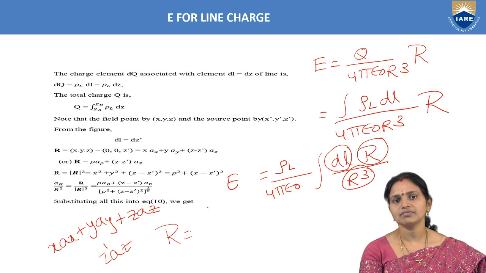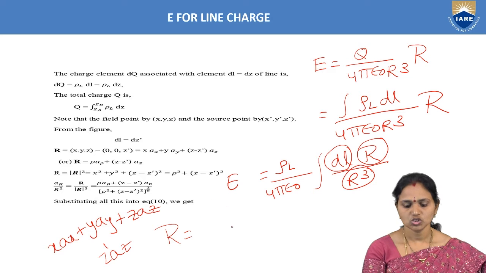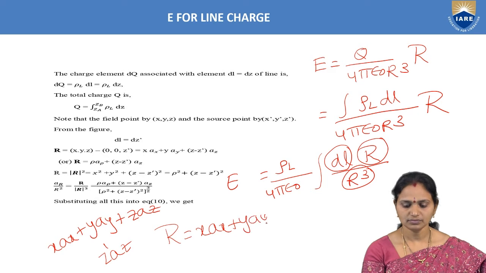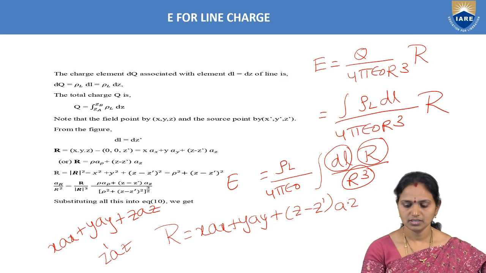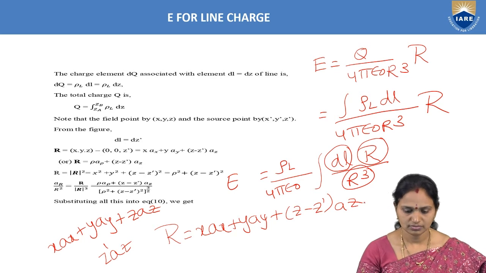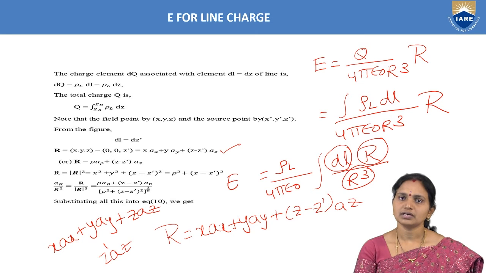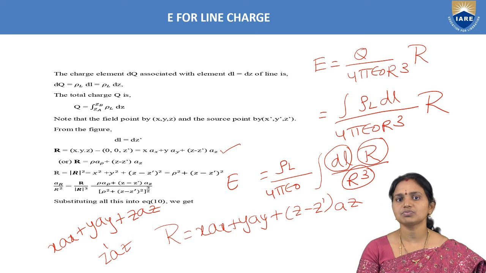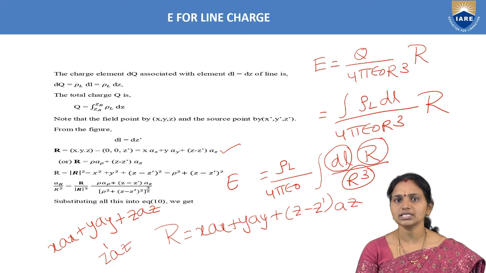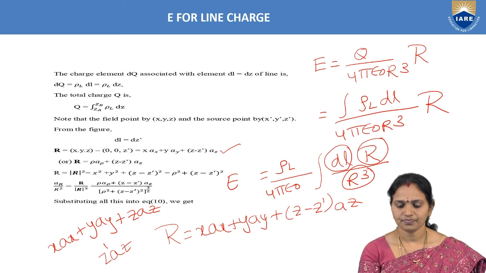Now to get the displacement vector, we take the difference between the field point and the source point: xax plus yay plus z minus z dash az. This is the displacement vector R, obtained by taking the difference between the vector representations of the field point and source point.